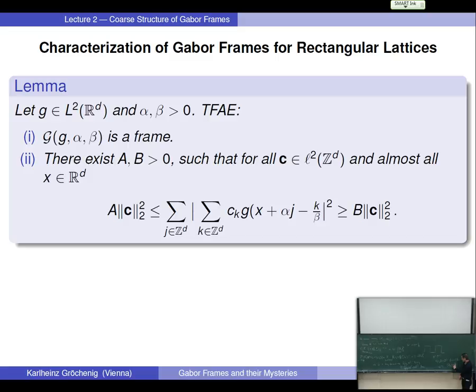And so any function of two variables that doesn't have zeros gives you a window that generates a basis at the critical density. For that, you would need that this is a trigonometric polynomial in psi.